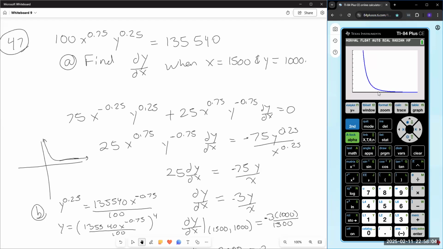As capital decreases, then labor, let's see, as y decreases, x increases, right? As x decreases, y increases. They're inversely proportional.